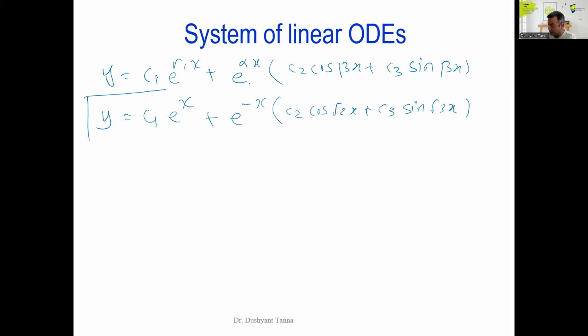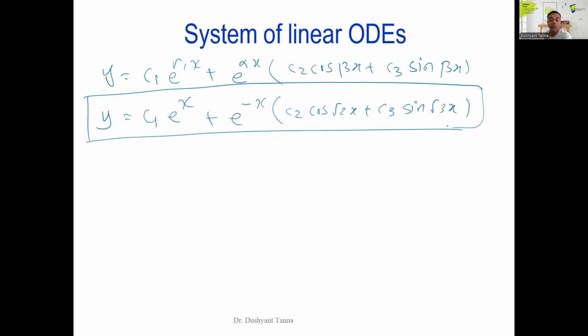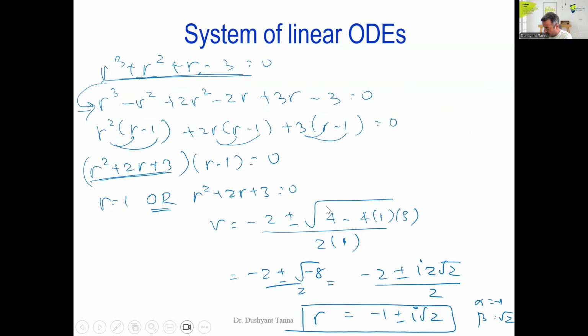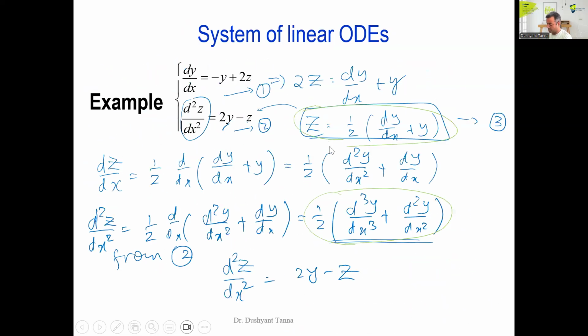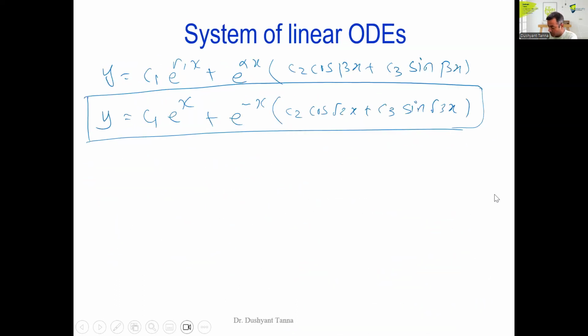This is my y. I got my y. Now I need to find the z. Right? Do we have a relation somewhere? Yes. z is equal to half, equation 3, dy by dx plus y. So from 3, my z was half dy by dx plus y.